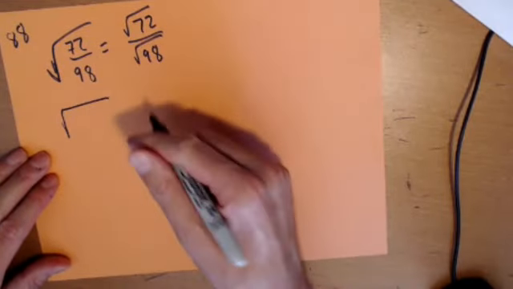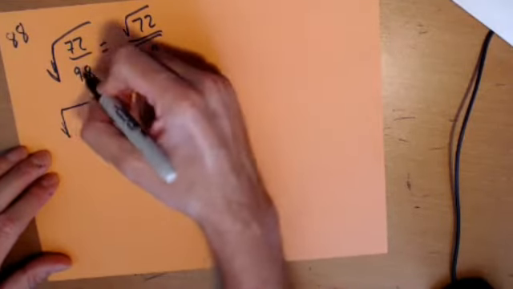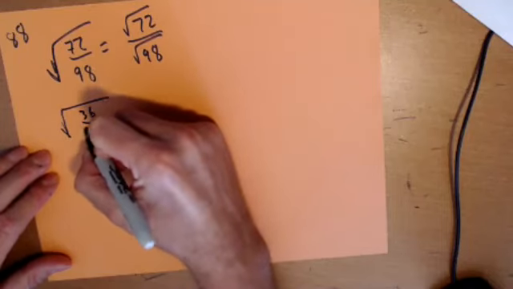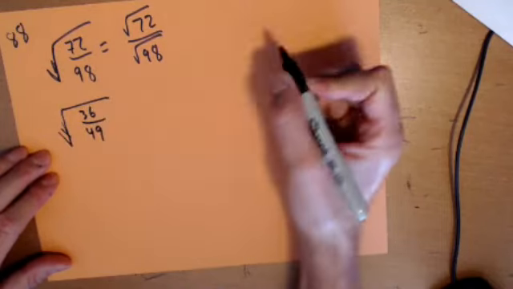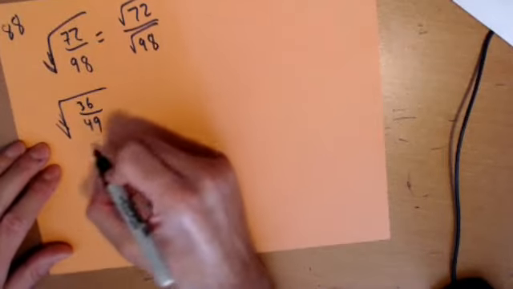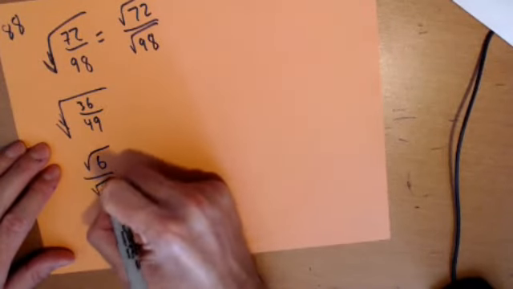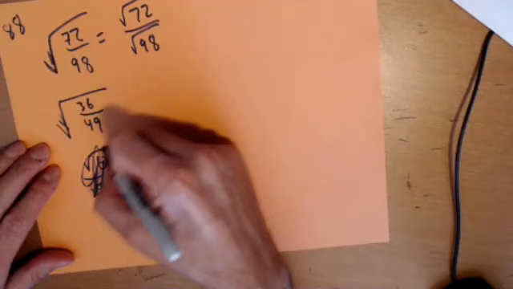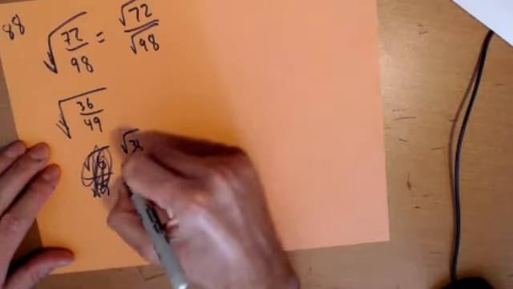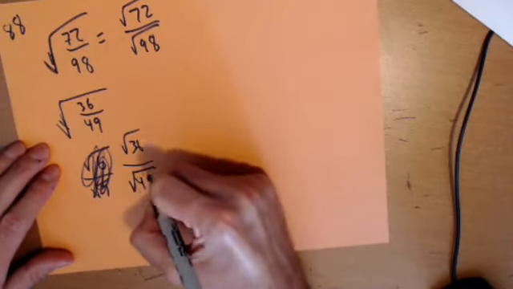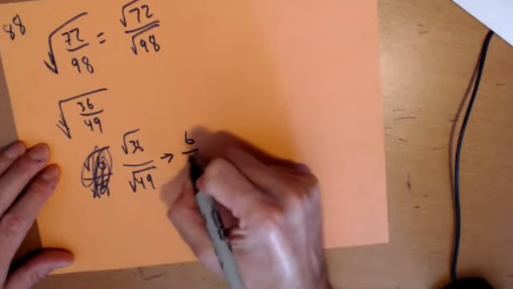So you could also say, well, 2 goes into both. So isn't that 36 over 49? Which would give us the square root of 36 over the square root of 49, which gives us 6 over 7.